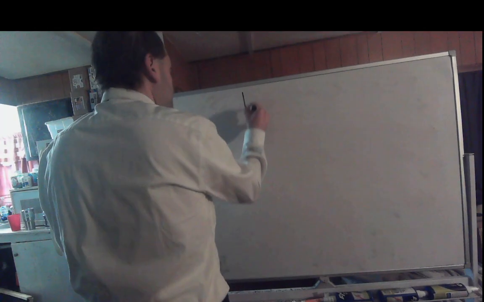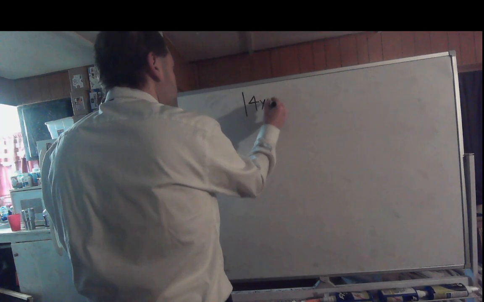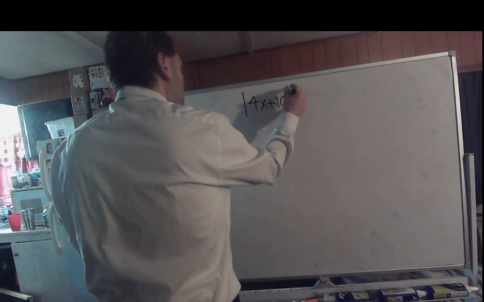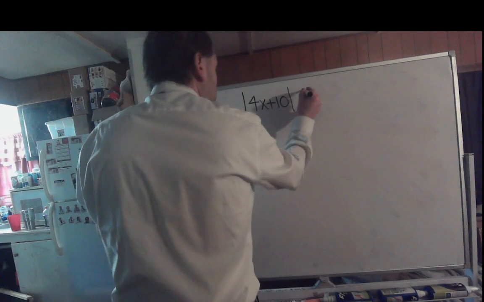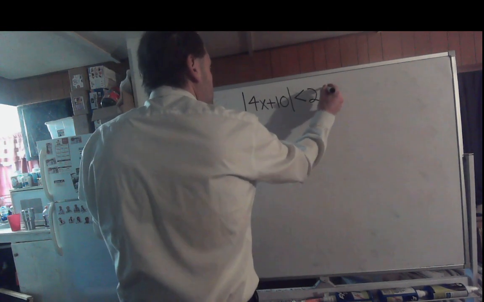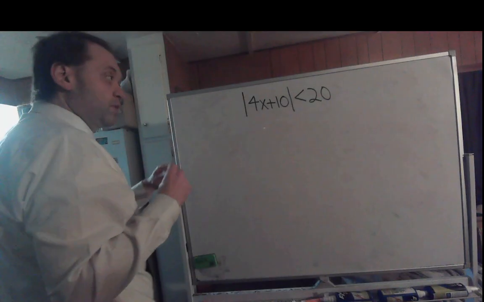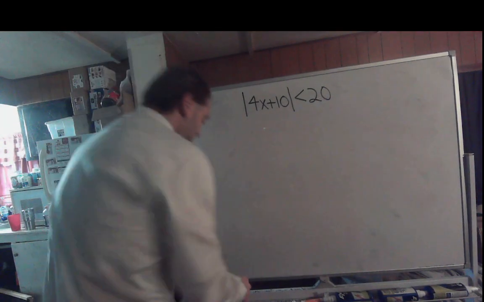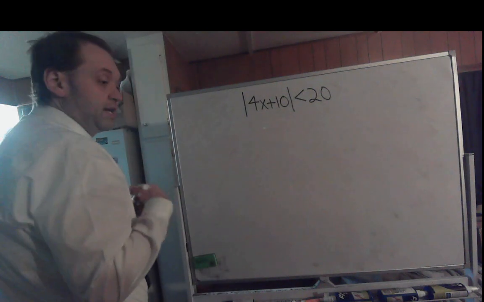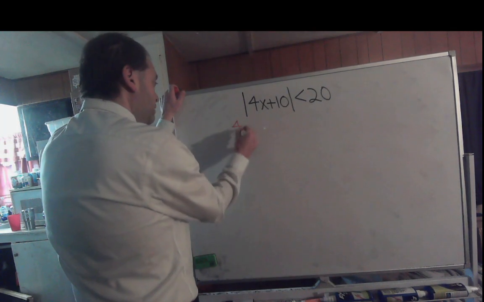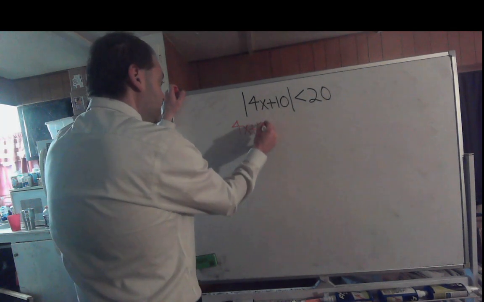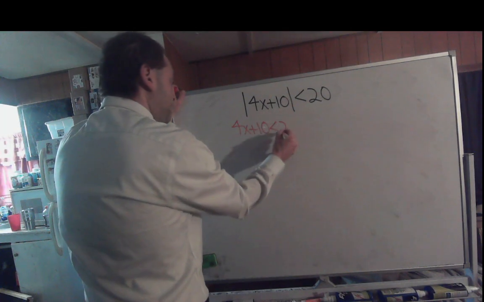We have the absolute value of 4x plus 10 is less than 20. So you're going to do your two separate inequalities again. So you would end up taking that 4x plus 10 itself is less than 20.